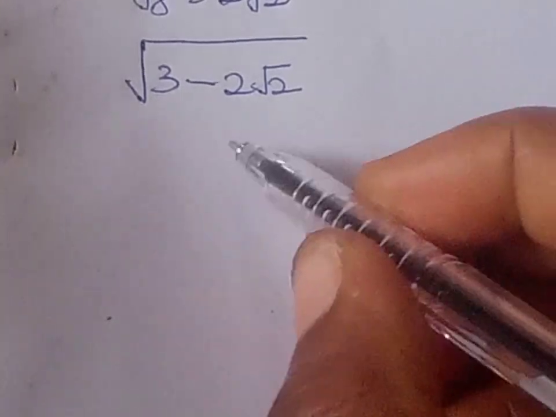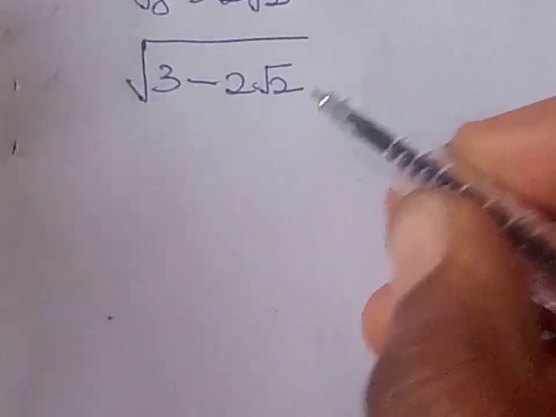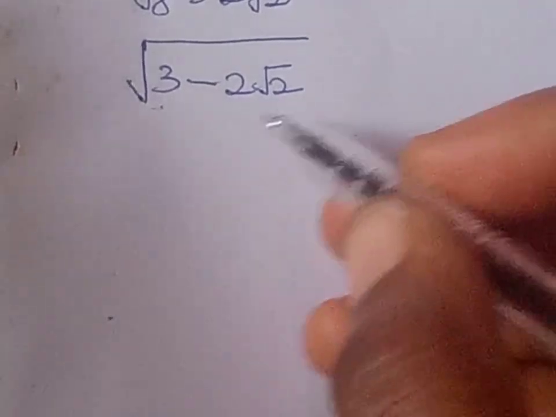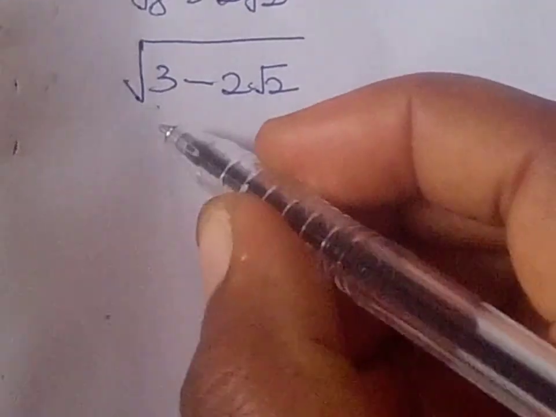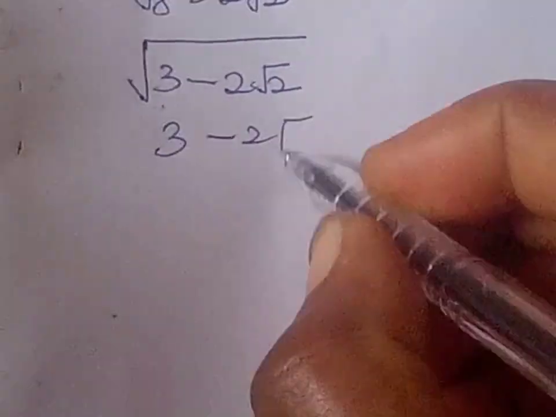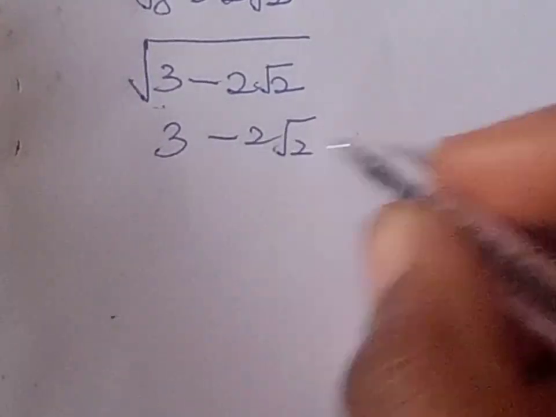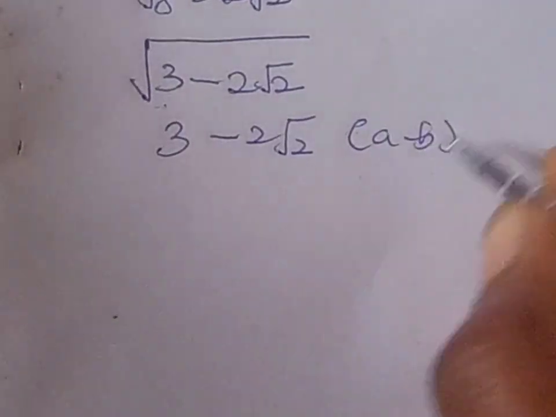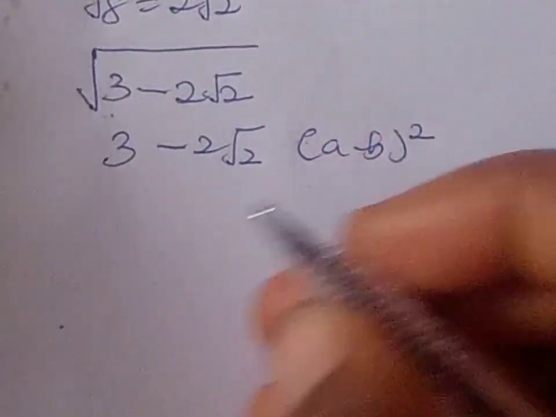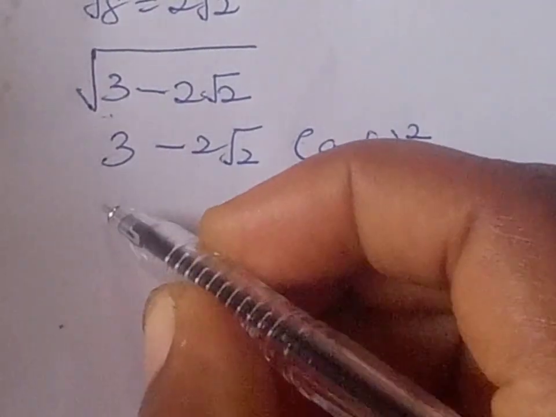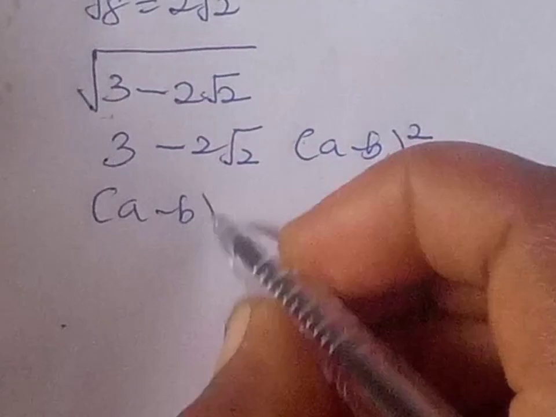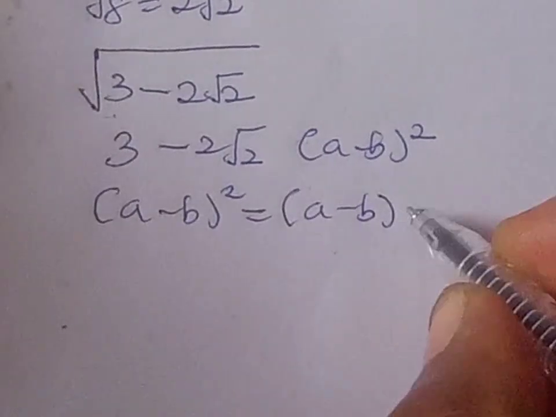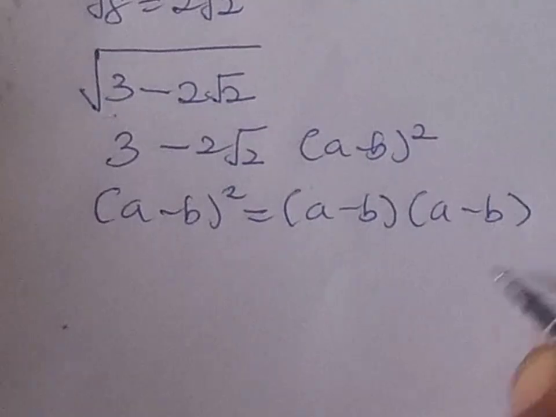The next thing now is, let's spot the hidden algebraic identity in this expression. Experienced Olympiad students immediately recognize 3 minus 2 root 2. Why? Because it looks very similar to the expansion of (a minus b) squared. Now let's remember the algebraic identity formula, which says (a minus b) squared equals what? (a minus b) times (a minus b).